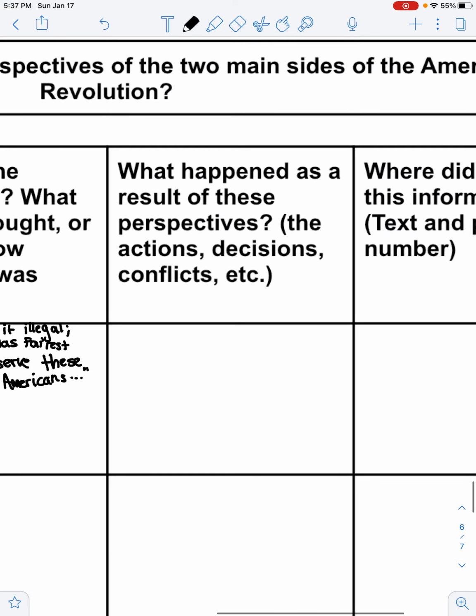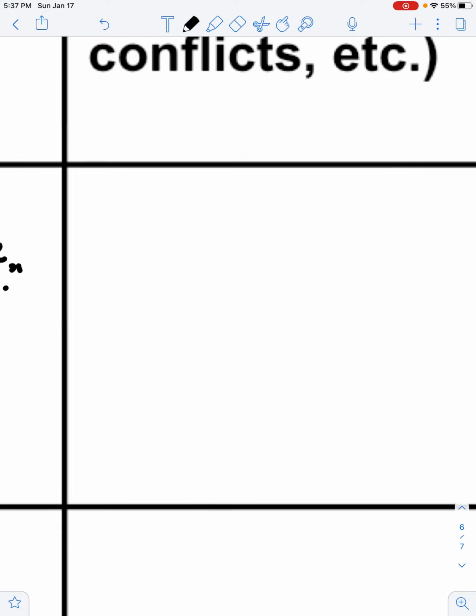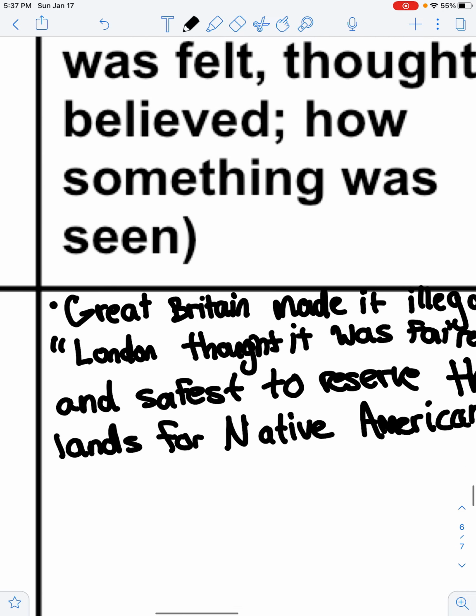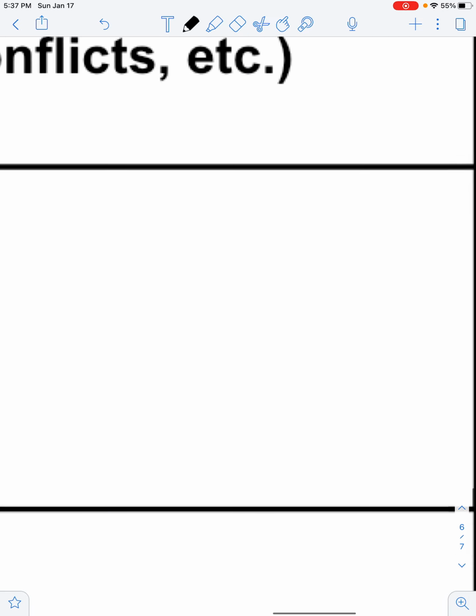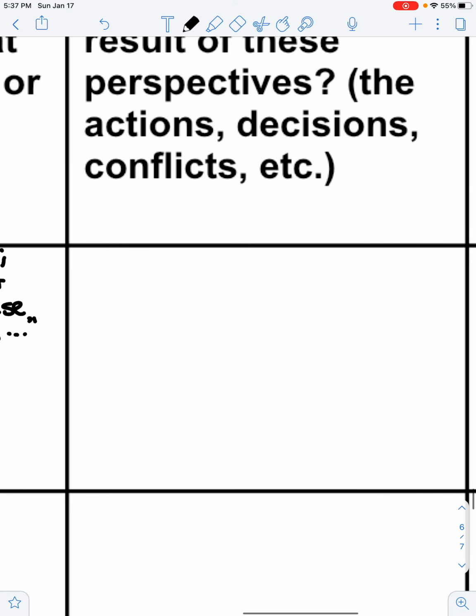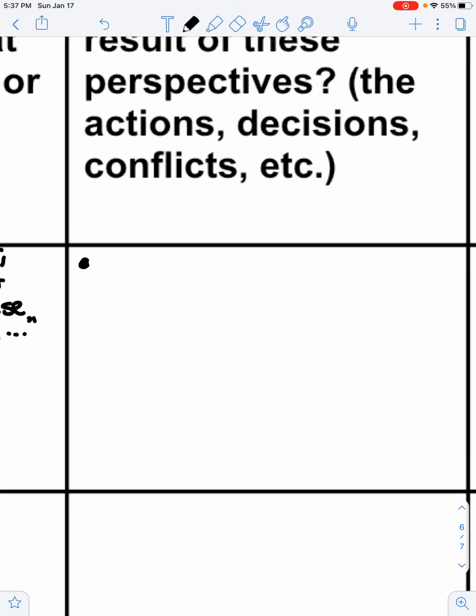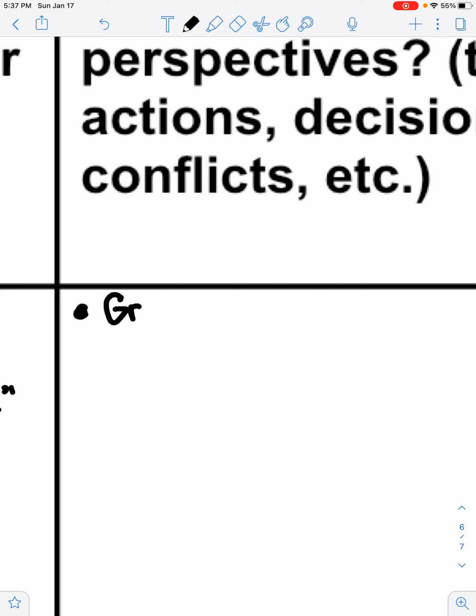So what happened as a result of these perspectives? This was their perspective, what Great Britain thought. So this is what happened after they had thought this.